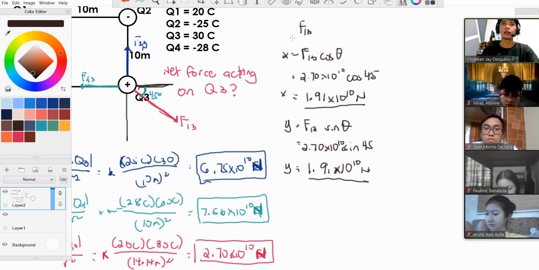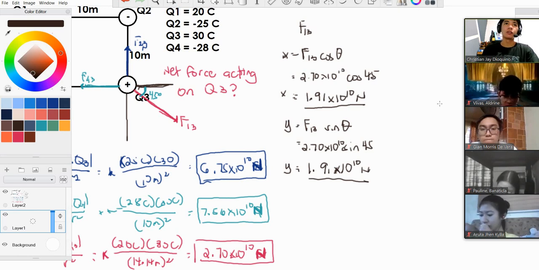The next thing that we must do is to get the final fx and the final fy using the other two vectors na natitira. Okay? So to get the final fx and the final fy, pagsasamahin lang natin yung dalawang x and dalawang y. Okay, so dito sa x and y component or another vectors natin, alin dito yung x component natin?